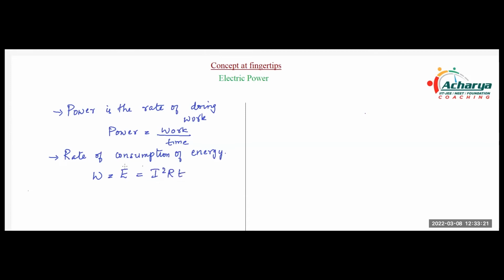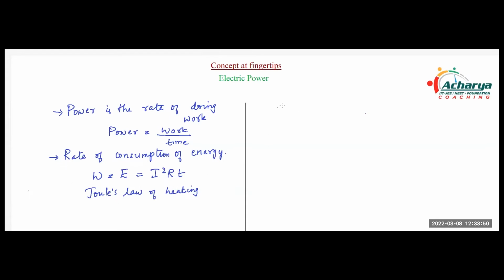This equation E is equal to I squared RT is known as Joule's law of heating. It gives the amount of heat produced in a conductor when current I is flowing for time T. So that is the energy consumed by the component.